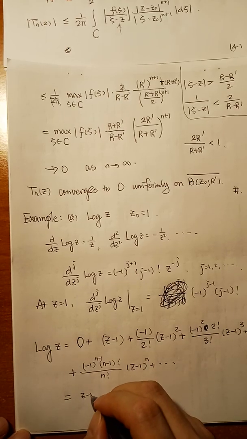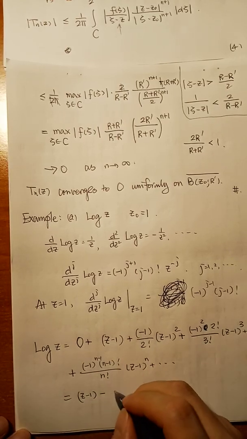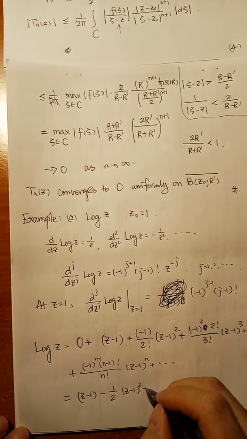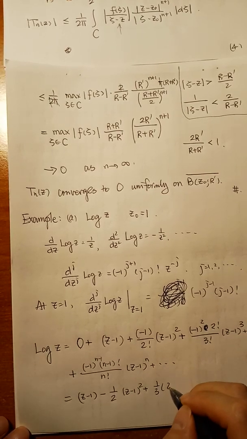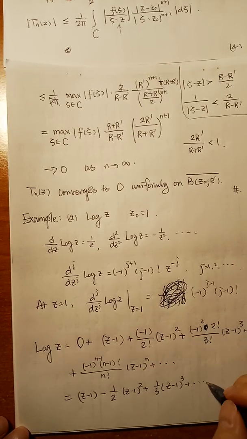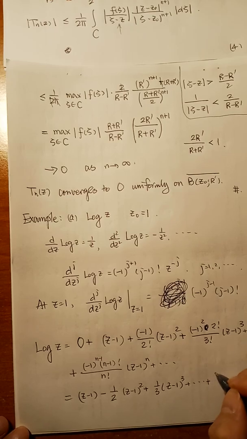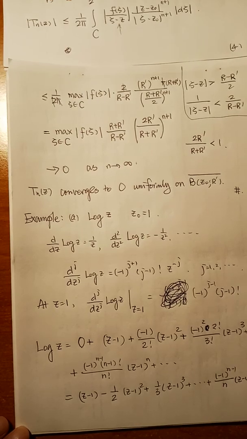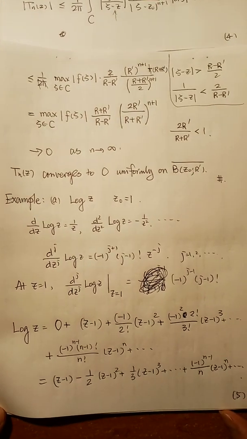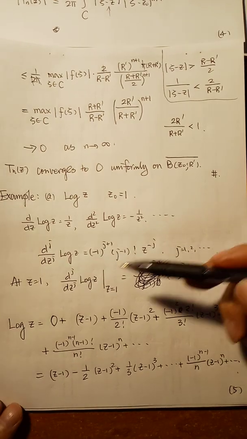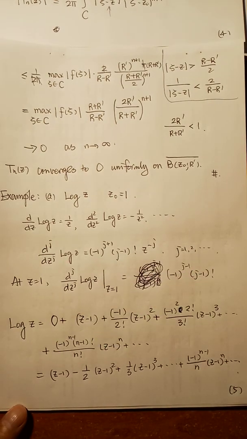So you have z minus 1, then negative 1 over 2 times z minus 1 squared, then a positive 1 over 3 times z minus 1 cubed, and then negative 1 to the n minus 1 over n times z minus 1 to the nth power, and so on. So this is the Taylor series of the natural log, the principal branch.